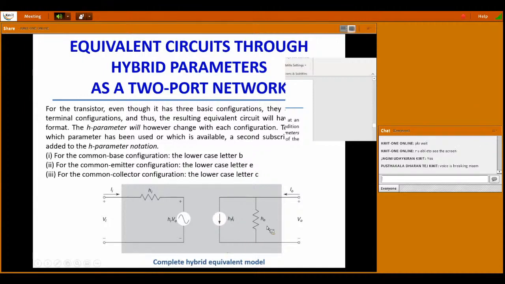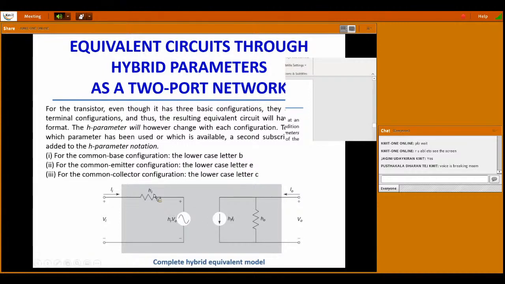And at the output, we are replacing the source with a Norton equivalent in shunt with the admittance Ho. Now these are the subscripts we have mentioned. Hi means the input resistance. Hr means reverse voltage transfer function. Hf means forward current gain. Next, Ho is the output admittance.